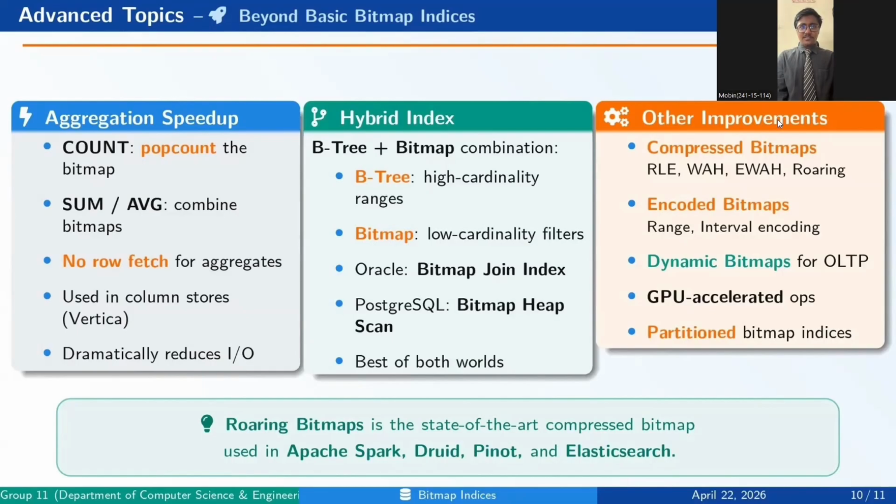Hybrid indexes combine B-tree for high cardinality columns with bitmap indexes for low cardinality ones, getting the best of both worlds. Modern improvement: Roaring bitmaps are used in Apache Spark, Redis, and Druid. They handle millions of values efficiently using compressed containers.